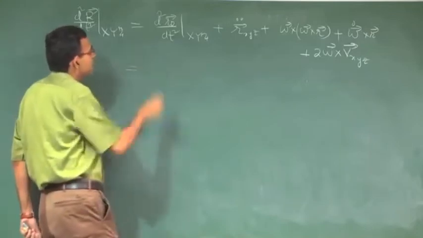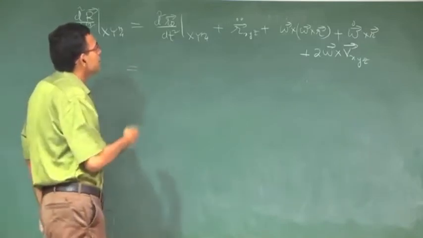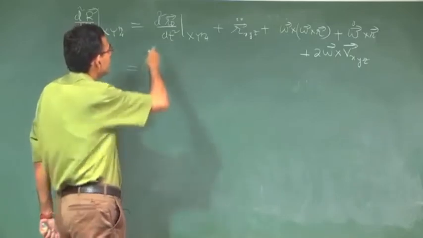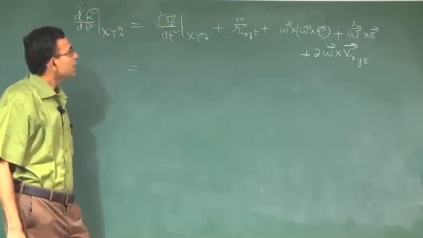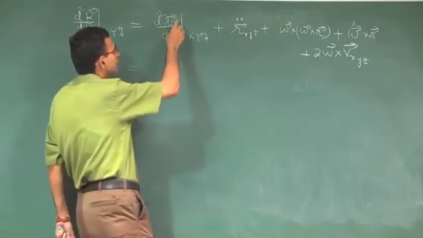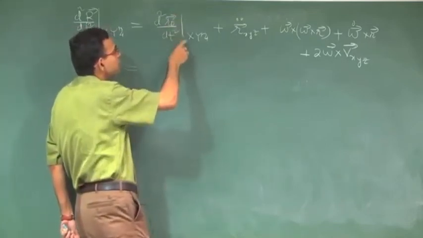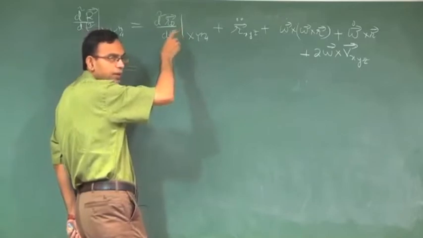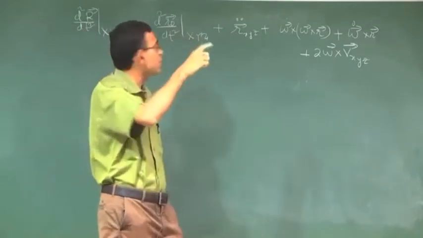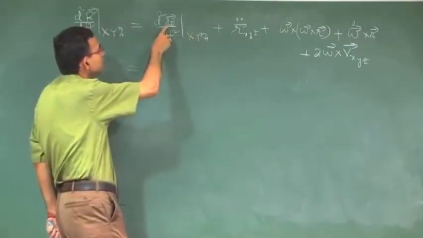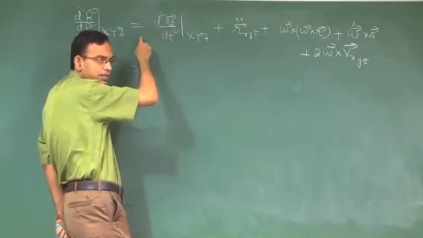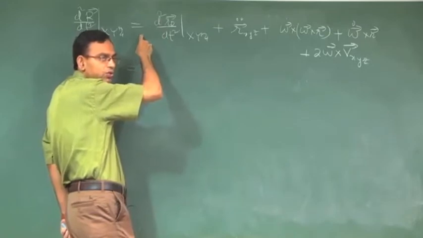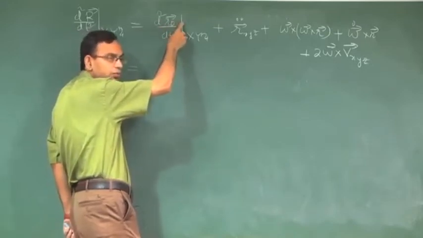So now let us write it with a little bit of physical notation. What is this? This is nothing but the acceleration of the control volume, acceleration of small xyz, because r naught is the vector that connects the origin of the inner stationary frame to the origin of the moving frame.